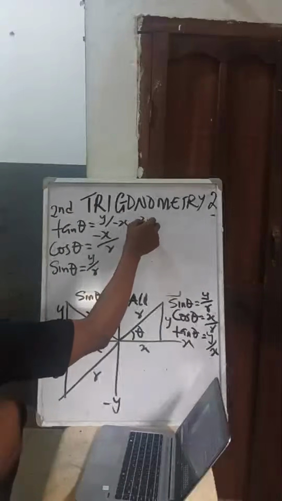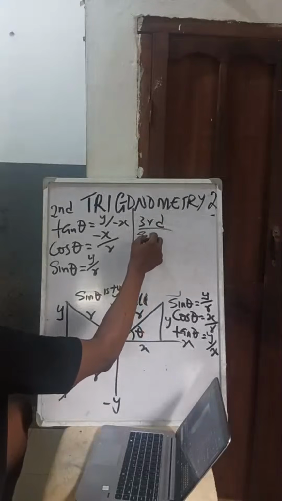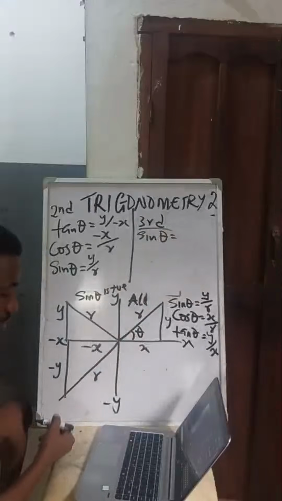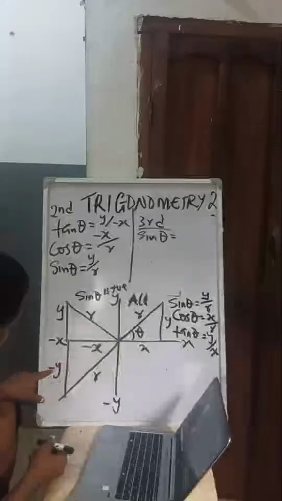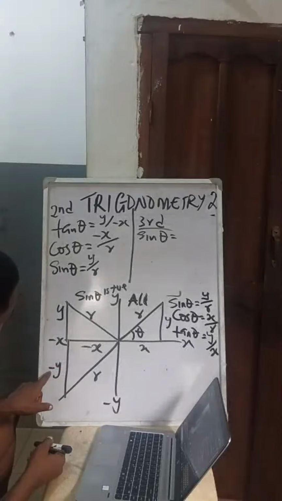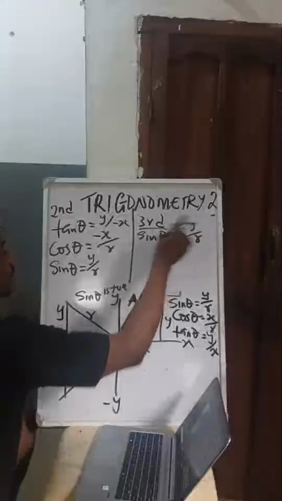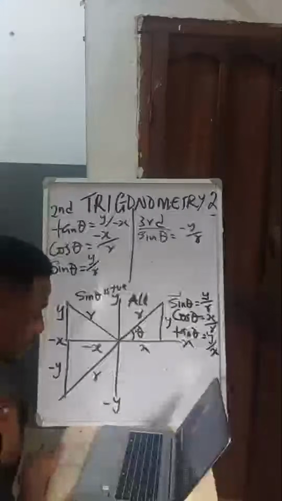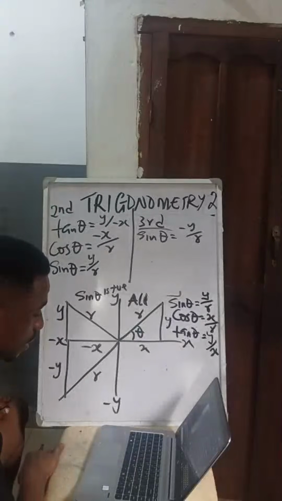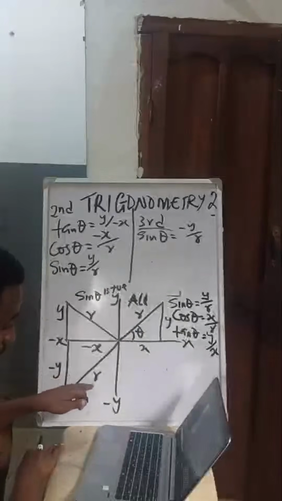Now, in the third quadrant, sine theta is equal to minus, opposite over hypotenuse, minus y over r. You see, sine is now negative in the third quadrant. Minus y over r, opposite over hypotenuse.